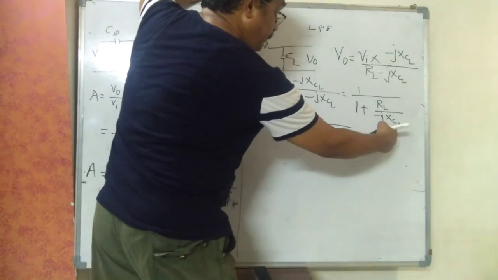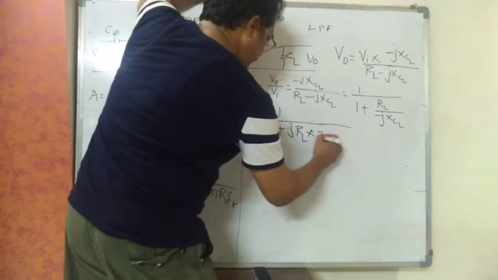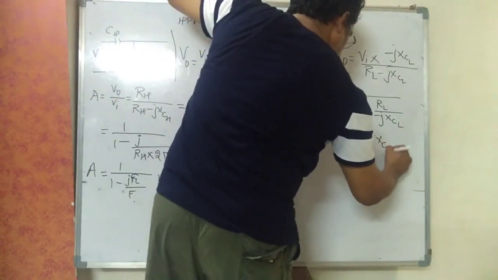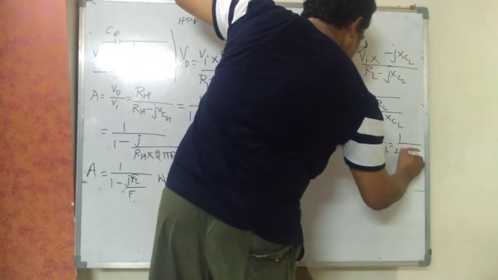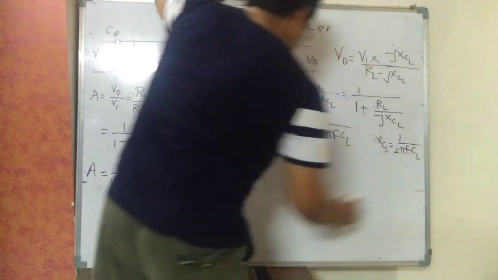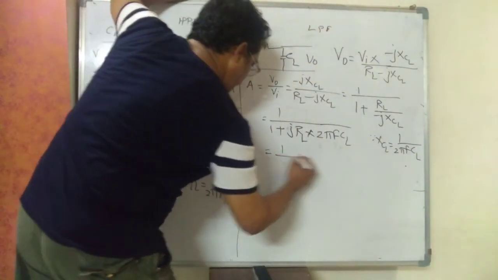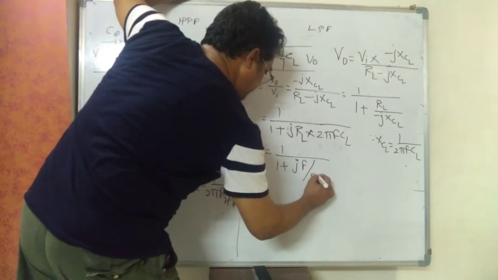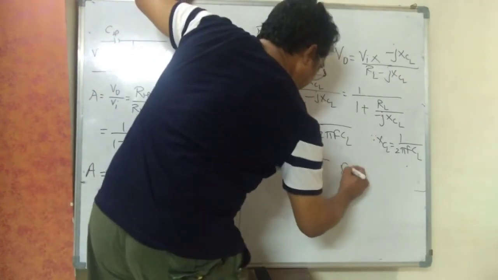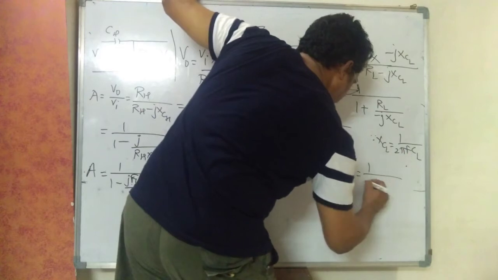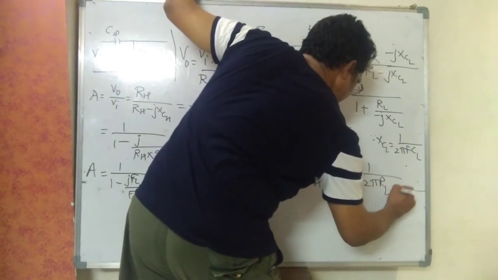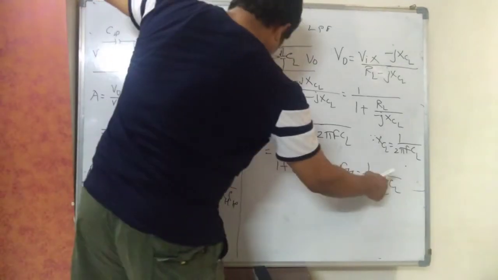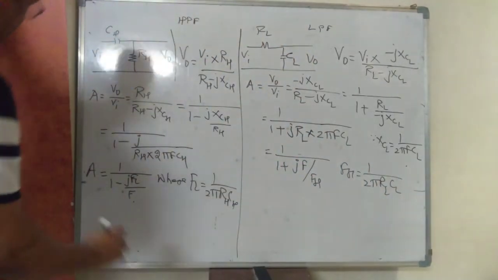And XC is 1 upon 2 pi FC, it will be in the numerator. So this is equal to 1 upon 1 plus j F upon FH, where FH is equal to 1 upon 2 pi RLCL. Here 1 upon 2 pi RHCH is FL, 1 upon 2 pi RLCL is FH.